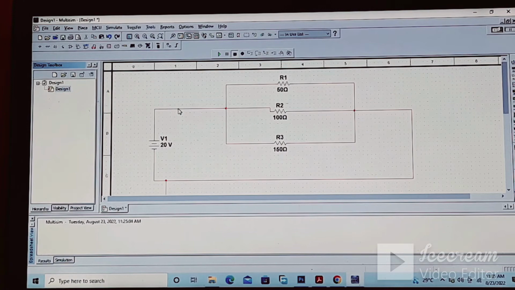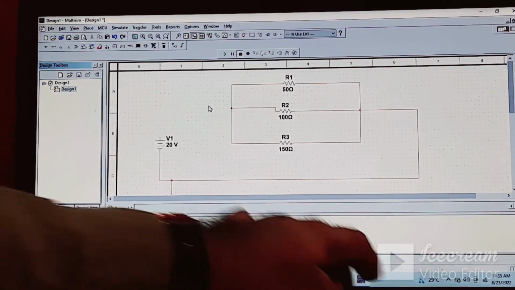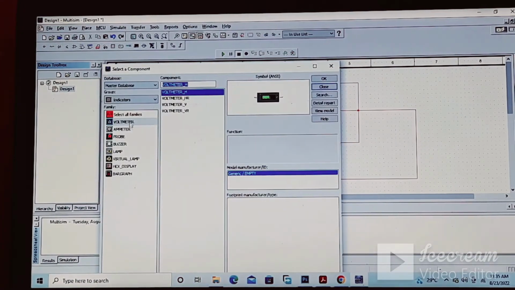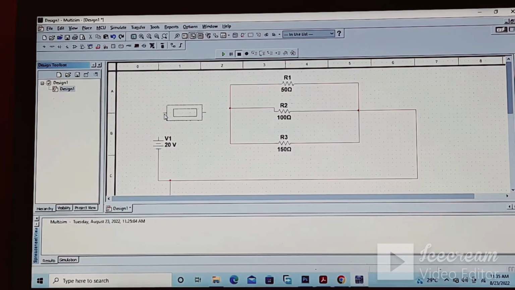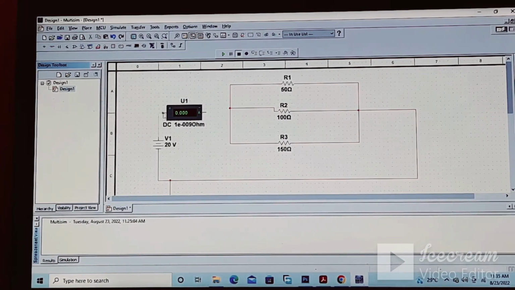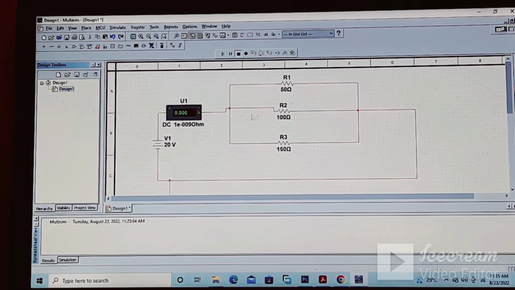Now if you want to find out the total current of this circuit, break this path and connect the DC ammeter in series with this path. So this will give us the reading of the total current flowing through this circuit, and obviously this is the parallel circuit.